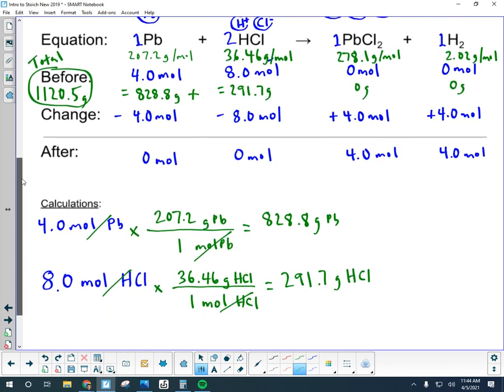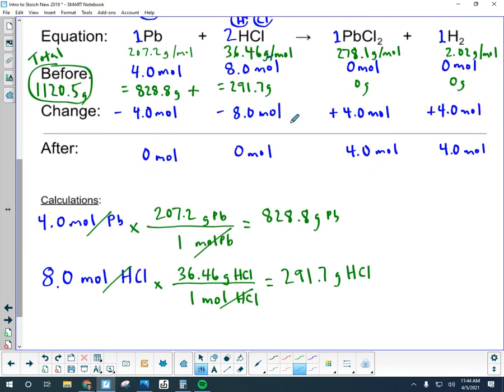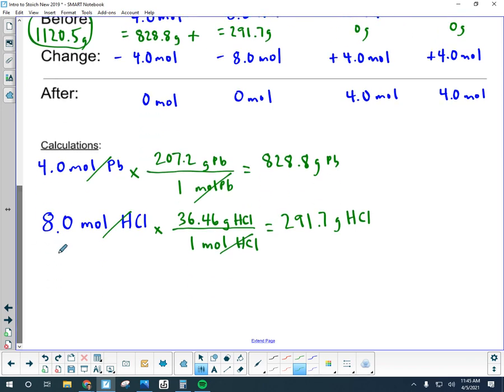So we could do the same thing on the change line, like figure out how many grams reacted, but here it's just everything. So you'd be losing all 828 grams. You'd be losing all 291.7 grams. But we do want to know how much product we create. And if our chemistry is correct, mass should be conserved. So I want to do this same calculation for my predicted product amounts.